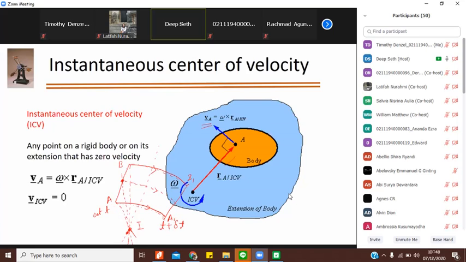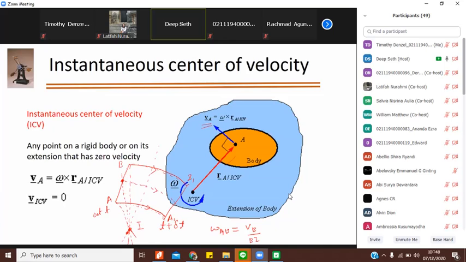For moving from here to here, this link is always rotating about this instantaneous center of velocity. So for any point on this link, if you know the angular velocity omega AB, and you want to find the velocity of B, then you should know BI.